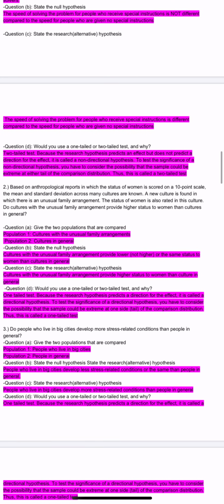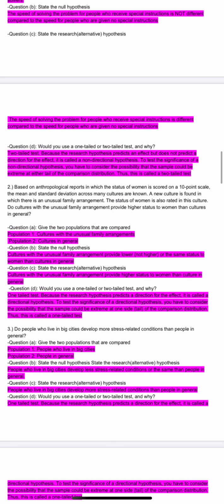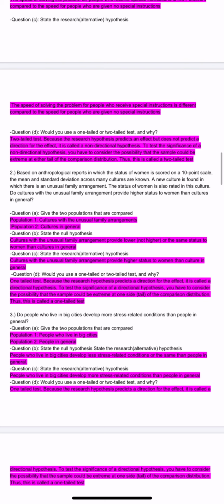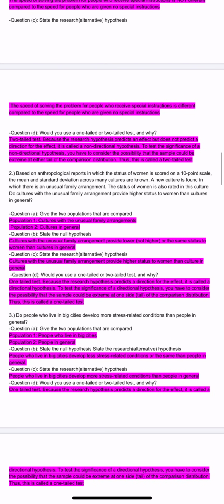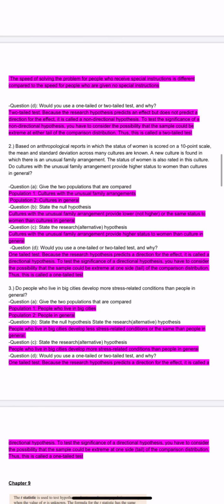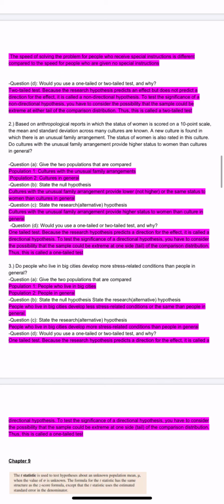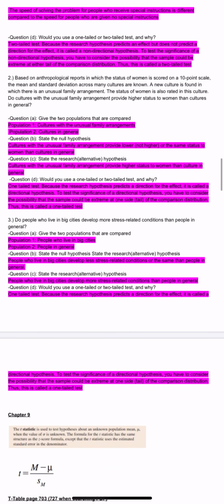We're not looking at a direction, so we must use a two-tailed test and test both sides of the distribution. The speed of solving a problem for people who receive special instructions is different compared to the speed for people who are given no special instructions. Is it a one-tailed or two-tailed test? It's a two-tailed test because we do not predict a direction of the effect.